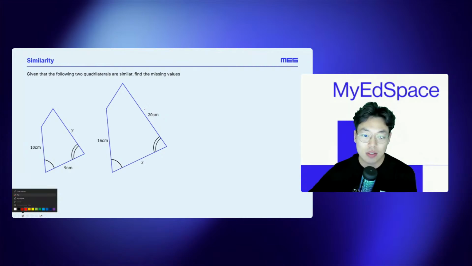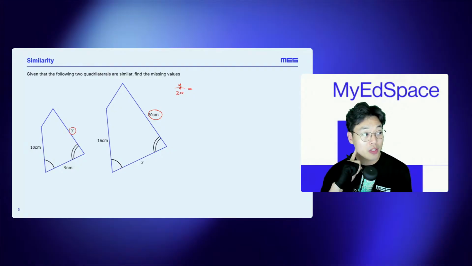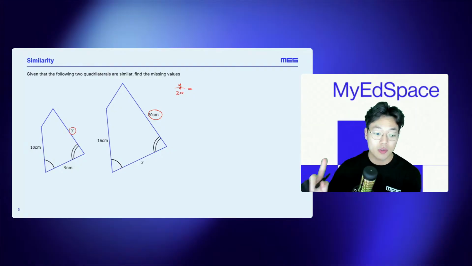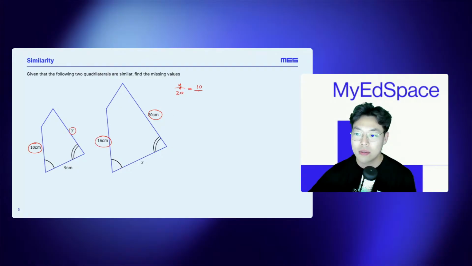So in that case, we can start by using the y's. So we can say y is to 20, y is to 20. And now let's think about what other numbers we can use here, because we don't want to use the x. So that's how we know we don't want to use the 9. Instead, we're going to use the 10 and the 16, where 10 is to 16.